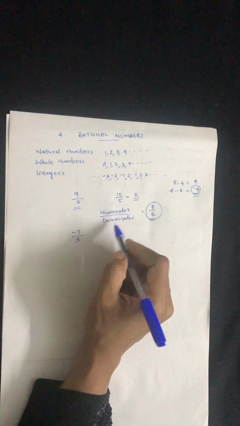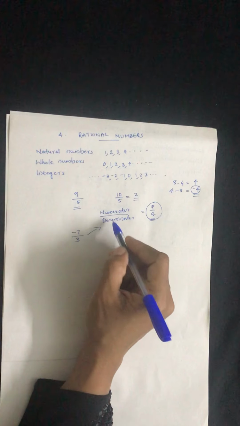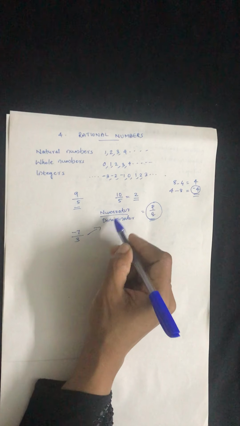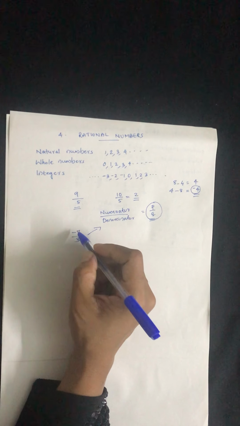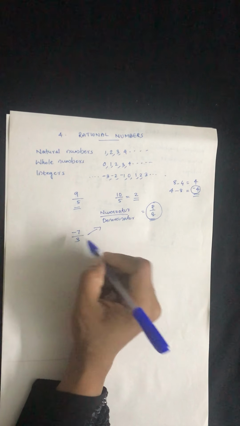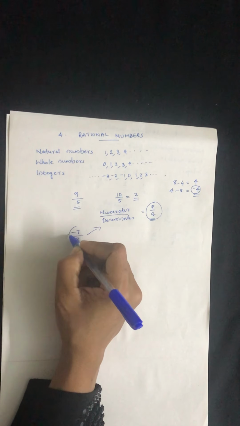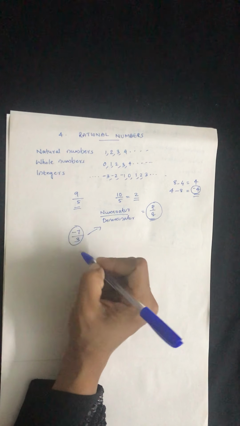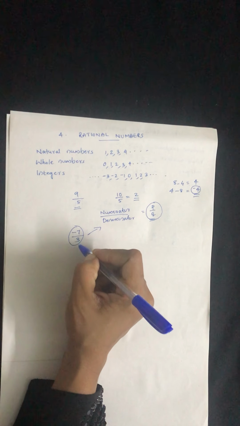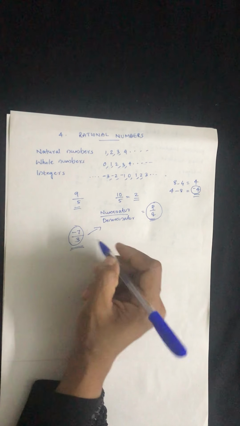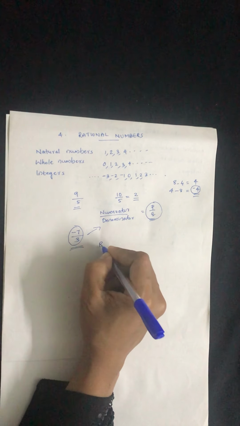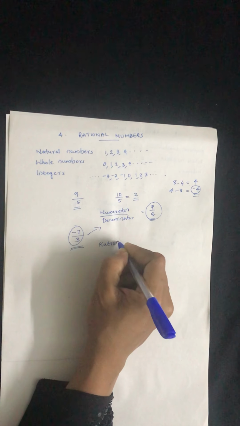We got it in the form of numerator by denominator, that is p by q form. In this case we got a p by q form with a negative integer. Here the numerator is negative and the denominator is positive. Such numbers are included in the set of rational numbers.